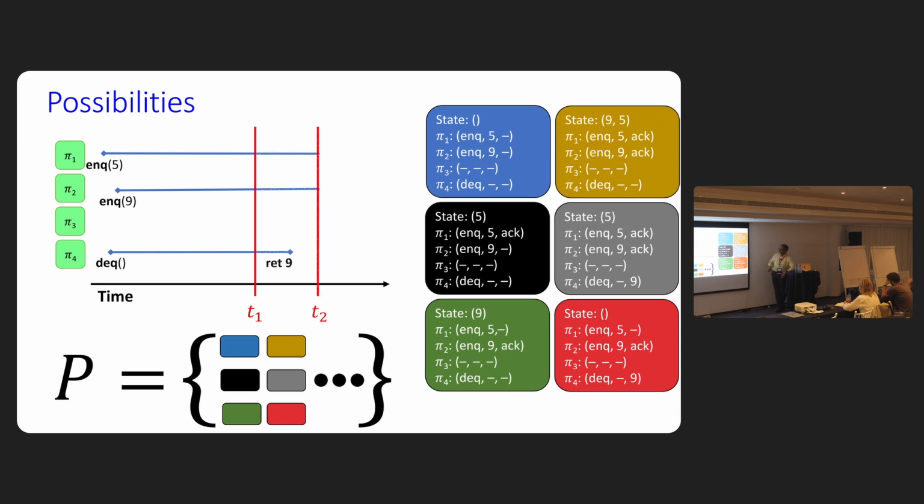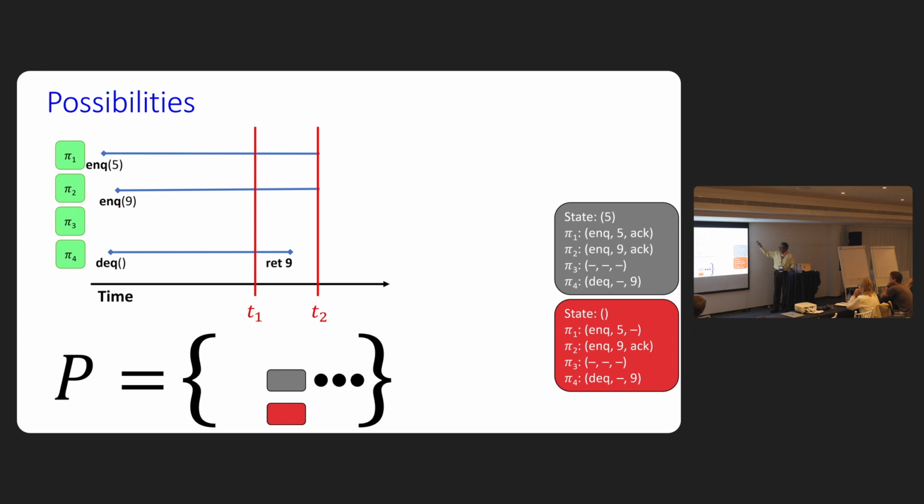And let's say before the time t2, the DQ operation by pi4 has completed, while the NQ operations are still ongoing. Now at this point, of the possibilities that you see on the screen, some are no longer tenable. These possibilities no longer are possibilities. Okay? Only these 2 continue to be among the previous possibilities.